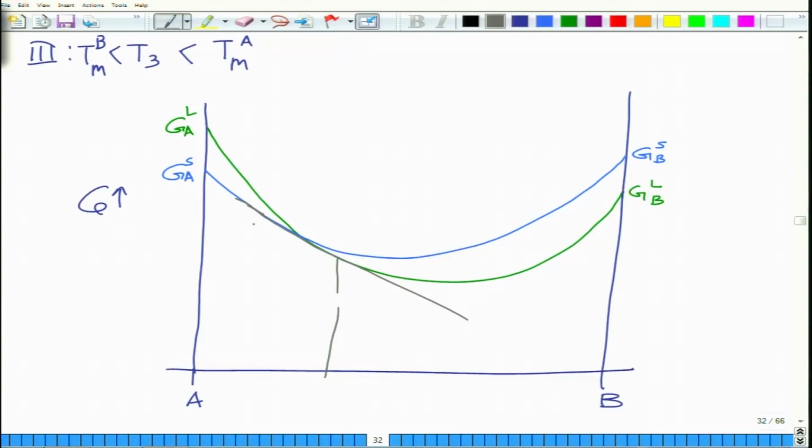So this is the common tangent. Let us say this is XS at T3 and this is XL at T3, and this point is point B1 and this is point C.